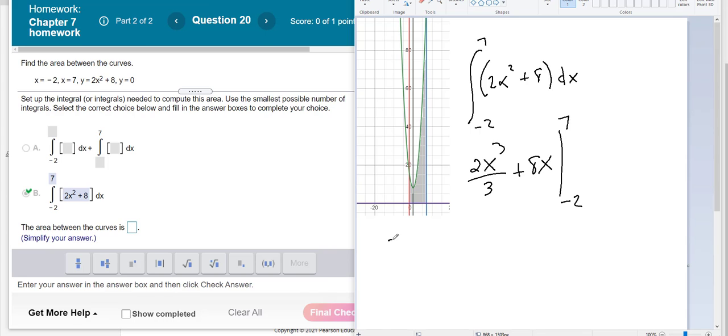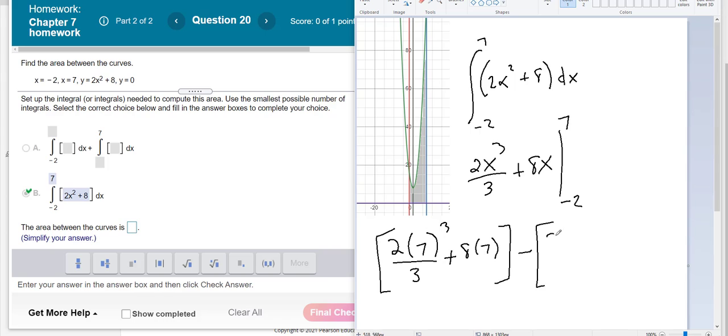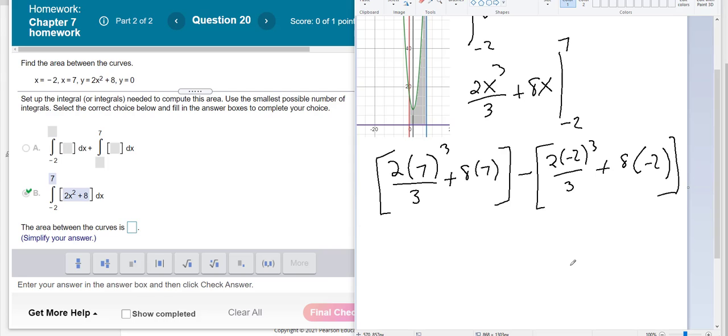Now that I have my integral, I'm going to evaluate it. I'm going to do 2 times 7 to the third over 3 plus 8 times 7. From that, I'm going to subtract 2 times negative 2 to the third over 3 plus 8 times negative 2. It's a lot of arithmetic, but of course you're going to use your calculator on a lot of this.